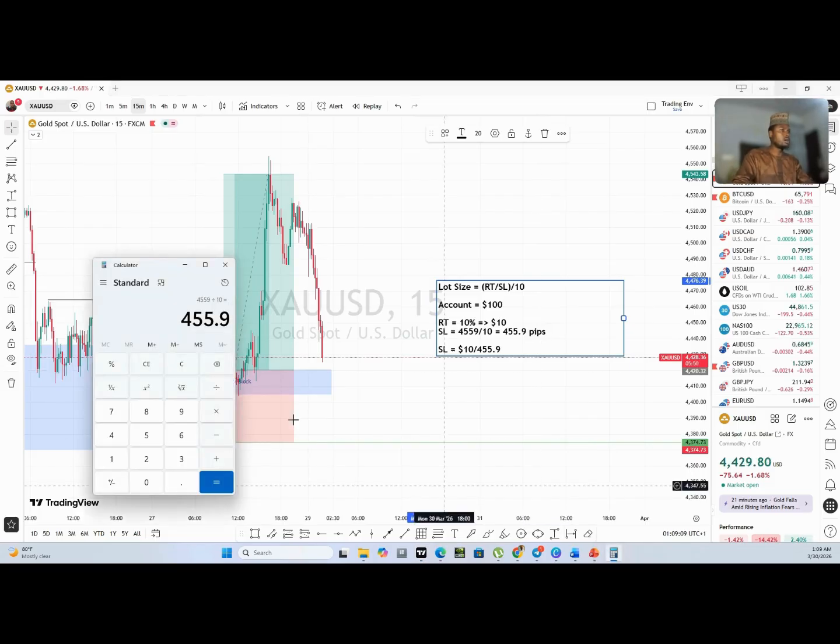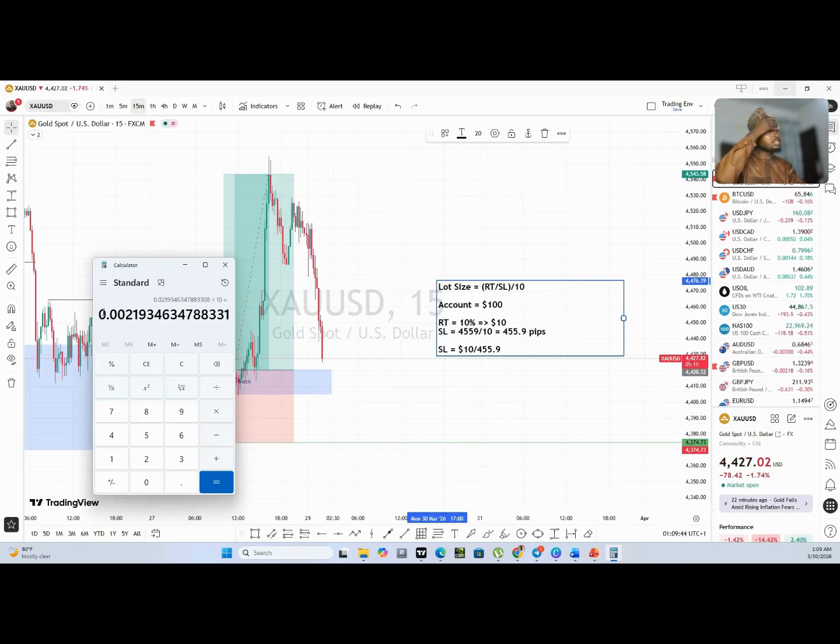So let's go back to our calculator. 10 divided by 4559, which is going to give us 0.02. Then divided by 10, which is going to give us this.